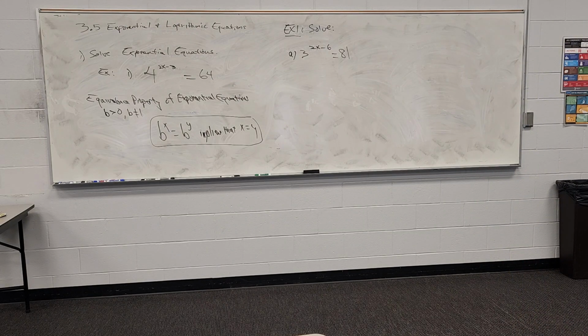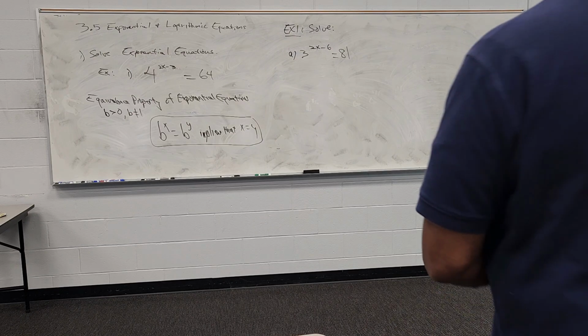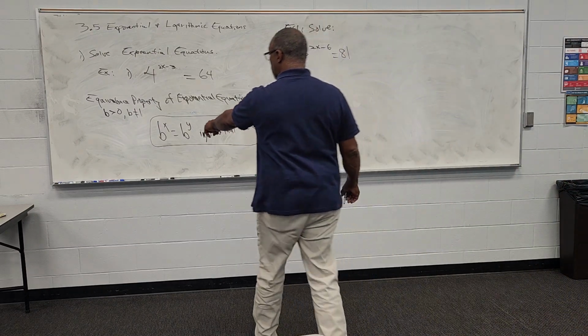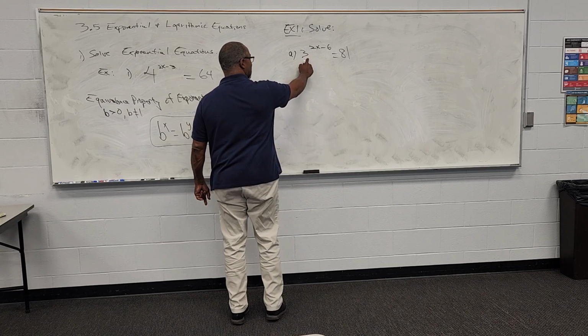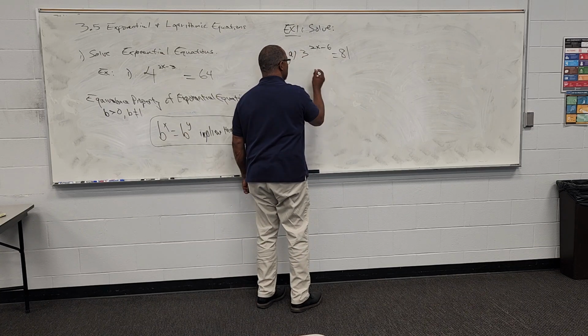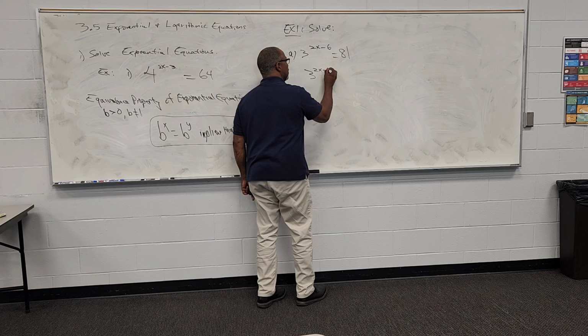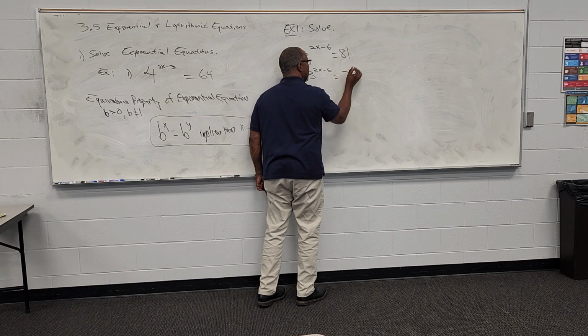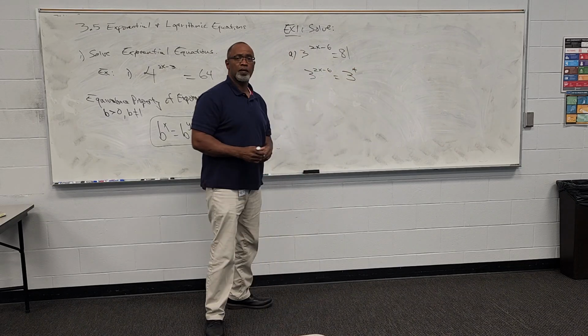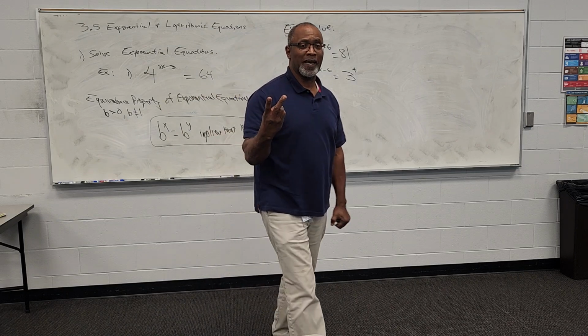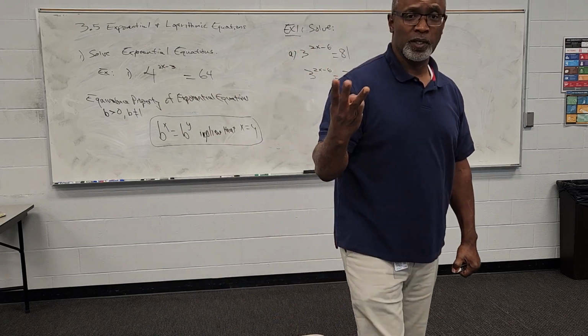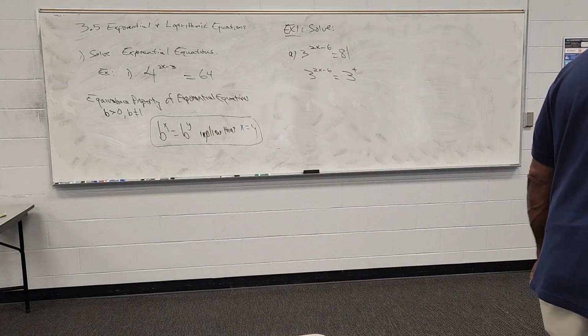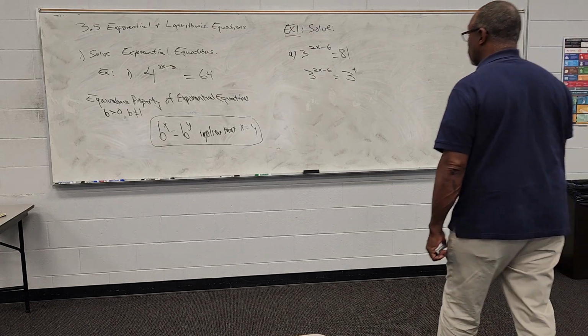Well, I can only use this rule if the bases are the same. This has a base of 3, so I've got to rewrite 81 with a base of 3. 81 is the same thing as 3 to the 4th power, right? 3 times 3 gives you 9, 9 times 3 gives you 27, 27 times 3 gives you 81. So 81 is the same thing as 3 to the 4th.